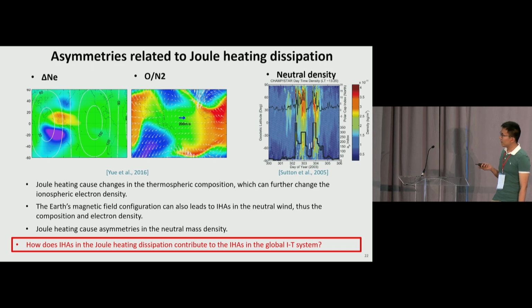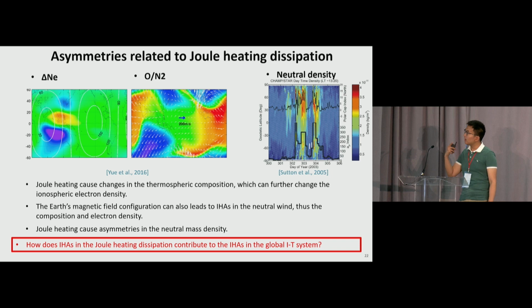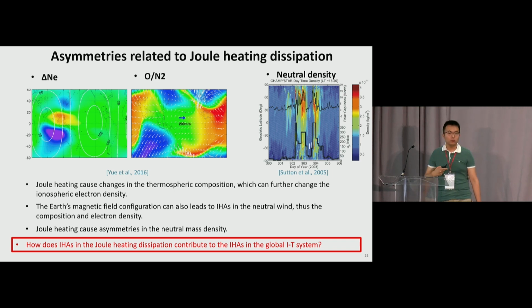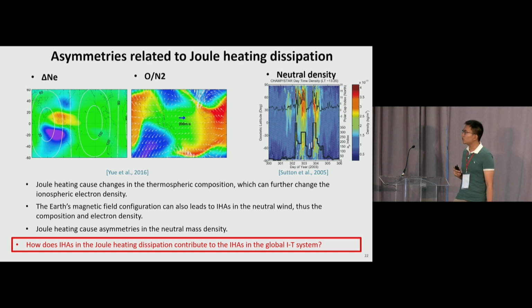The thermosphere composition can also be affected by the geoheating. So the interhemispheric asymmetries in the geoheating can also contribute to the interhemispheric asymmetries in the thermosphere compositions, and then the ionospheric electron density.